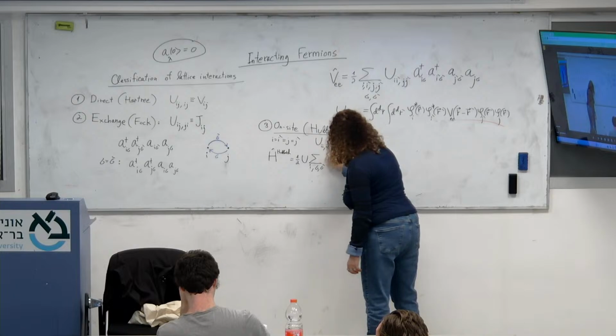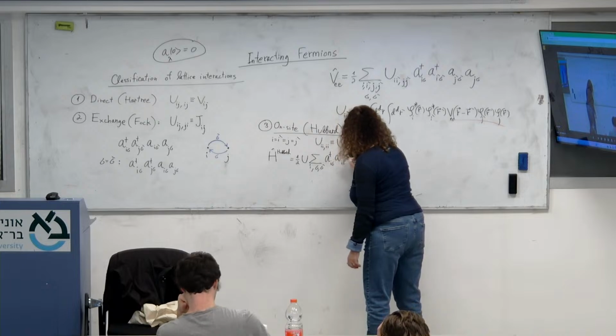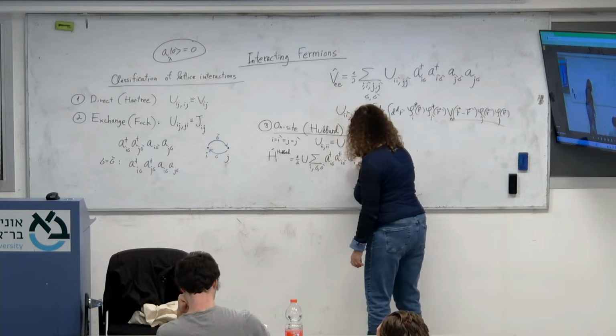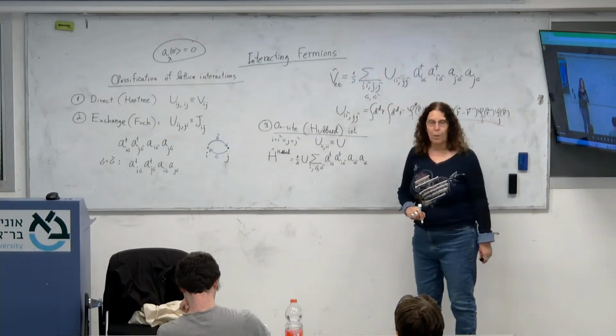And now let me write down the expressions. I do it a little slowly. So all the site indices are the same. But what is different is the spin. Okay?